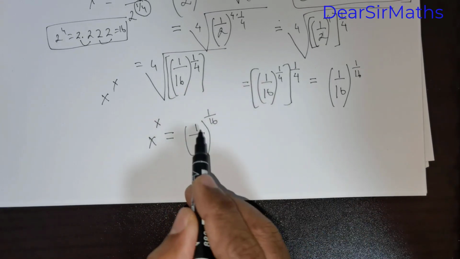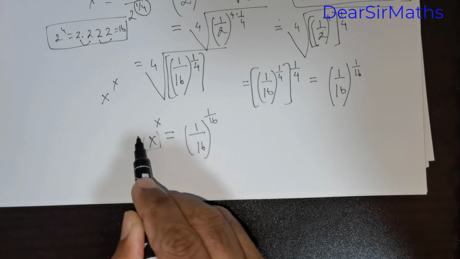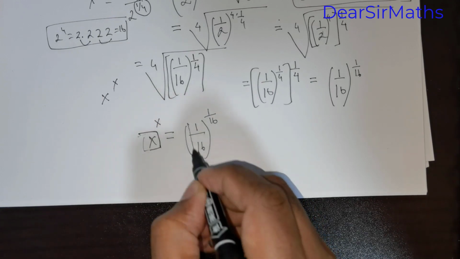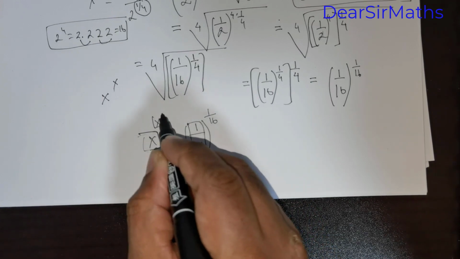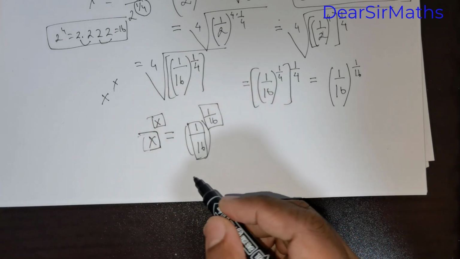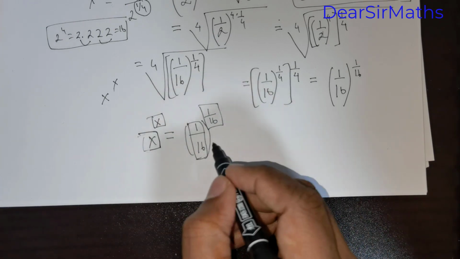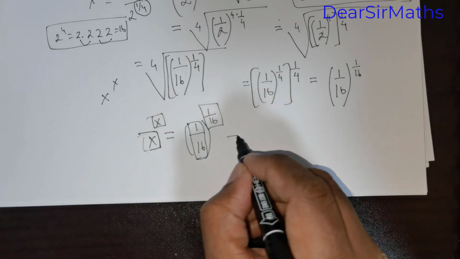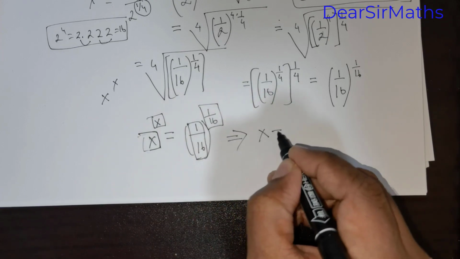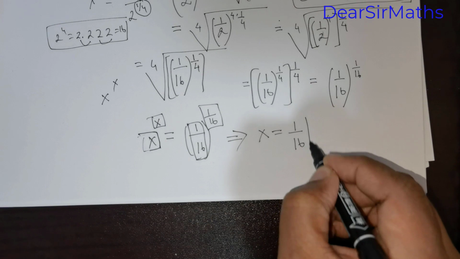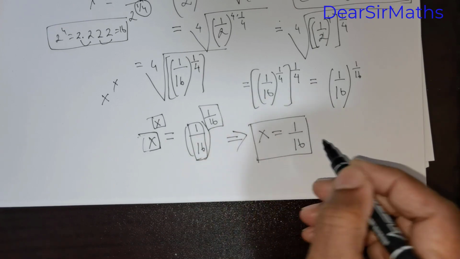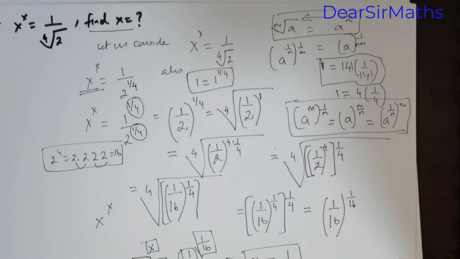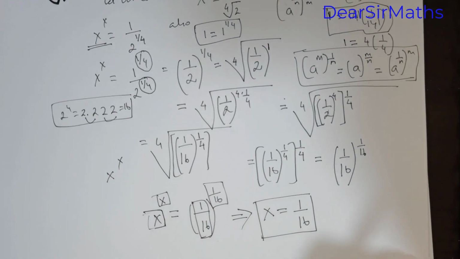So clearly you can see, in place of x, I got 1 over 16, and in place of this exponent x, I got 1 over 16, right? So the bases can be equated, the indices can be equated, which means the value of x is 1 over 16. So that is the solution to this beautiful question. Thank you, students.